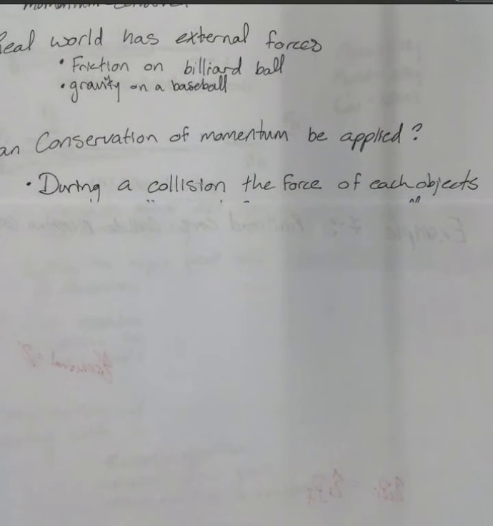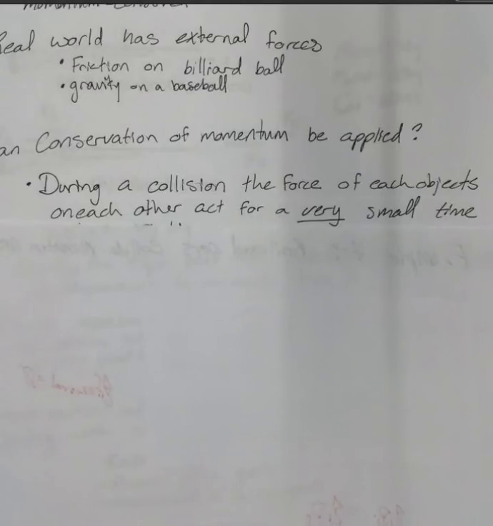During a collision, when two objects smack into each other, the forces only act for a very small time. Even in a slow motion collision, there's a very small, brief amount of time for the collision. Think about two billiard balls crashing. Think about two cars crashing together.